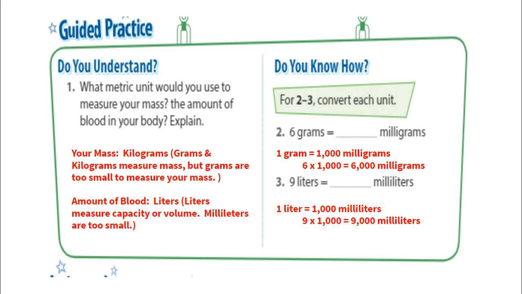So 6 grams equals 6,000 milligrams. 9 liters equals how many milliliters? 1 liter equals 1,000 milliliters. So 9 times 1,000 is 9,000 milliliters. So if you said 9,000 milliliters, you were correct.